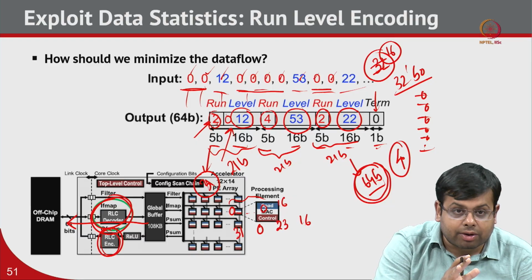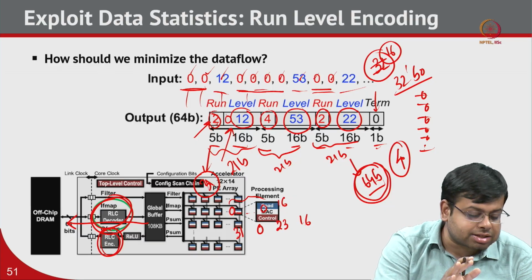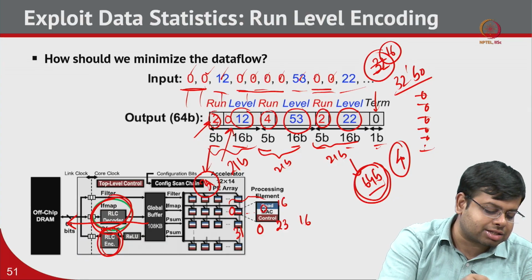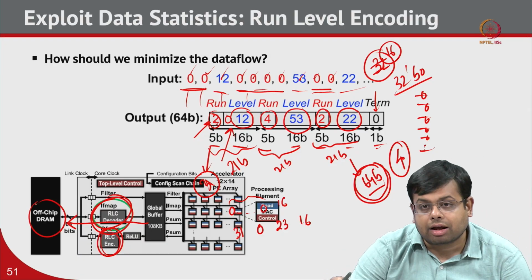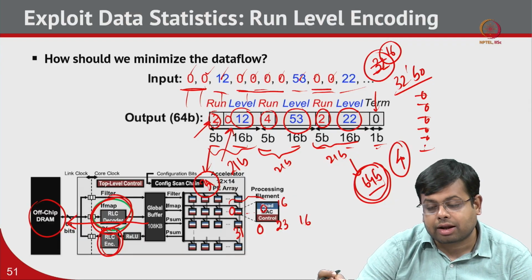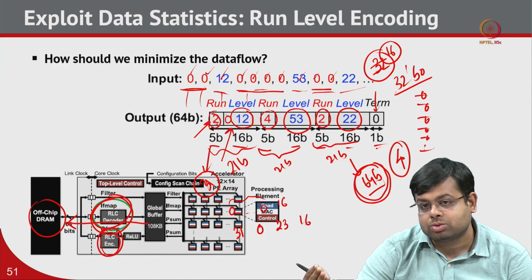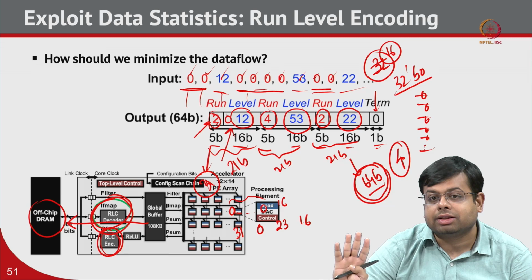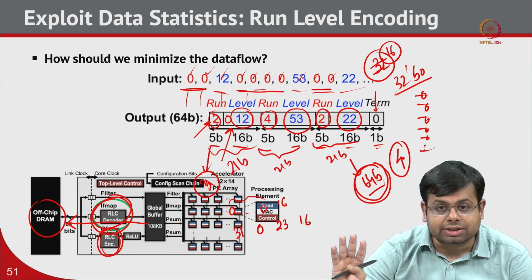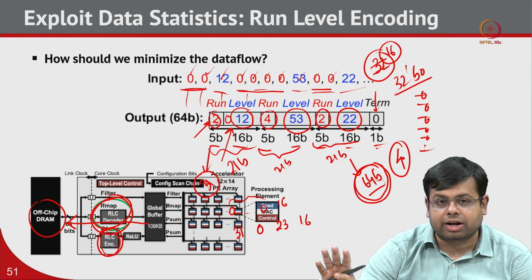Whenever we are compressing, that means a lesser amount of data is accessed to or from DRAM. And if you remember, I am telling you again and again, whenever we have a memory access to or from DRAM, that is a killer, that will take a lot of latency and a lot of energy.